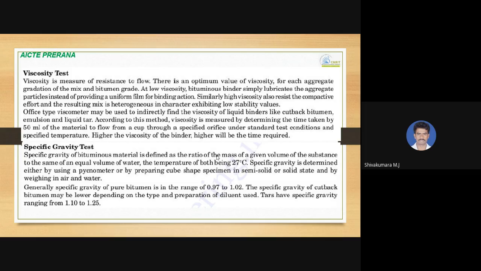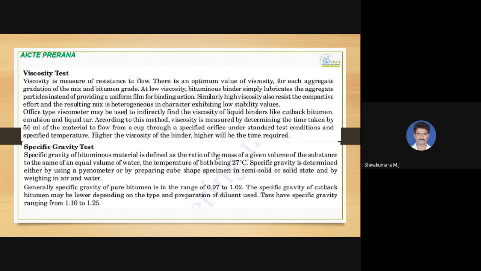Similarly, higher viscosity also resists the compactive effort, resulting in a mix that is heterogeneous in character and exhibits the lowest stability value. An orifice type of viscometer can be used to indirectly find the viscosity of liquid binders like cutback bitumen, emulsion and liquid tar.